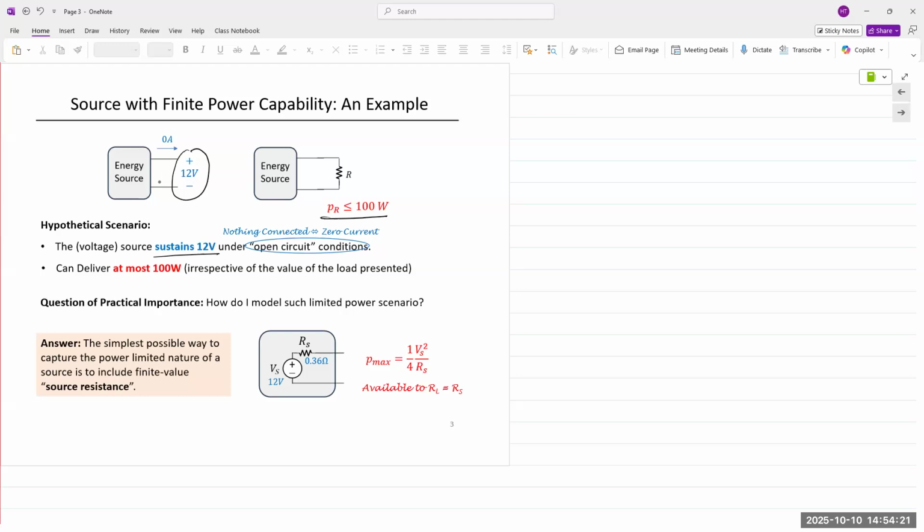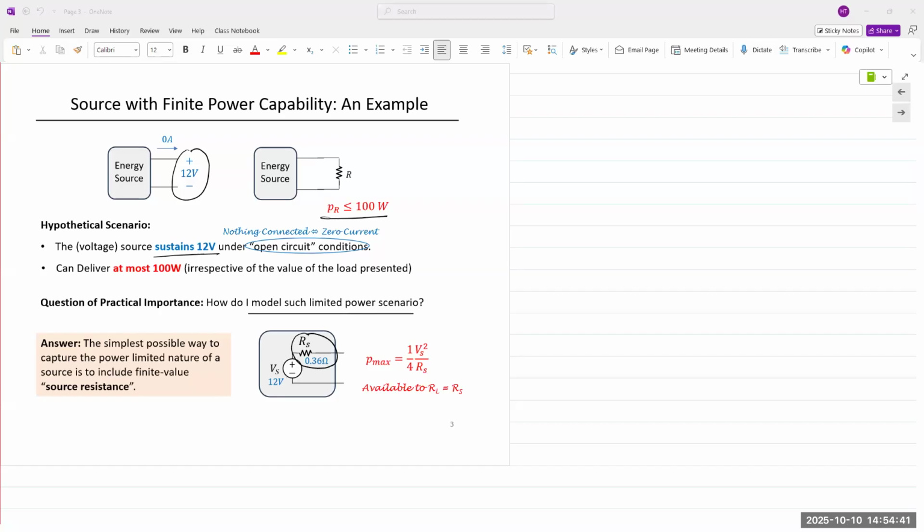So how can we model such a power limited voltage source in real life? Well, in order to do that, we place a resistor in series with that voltage source.